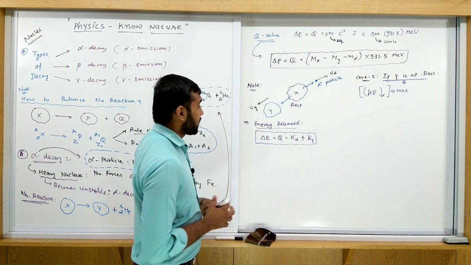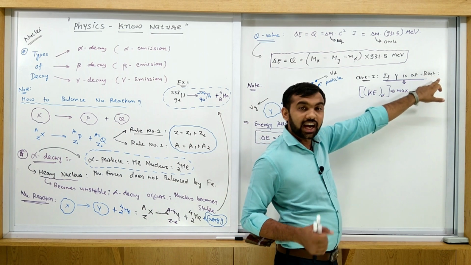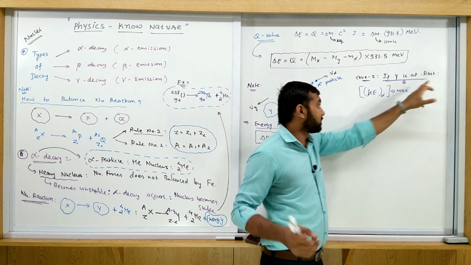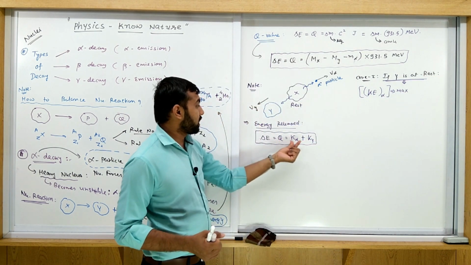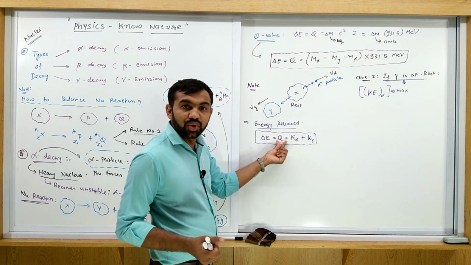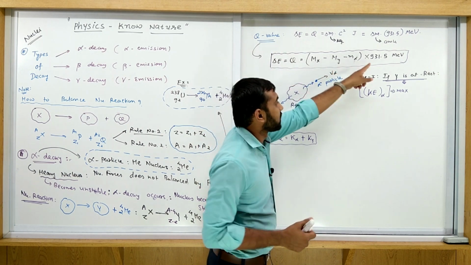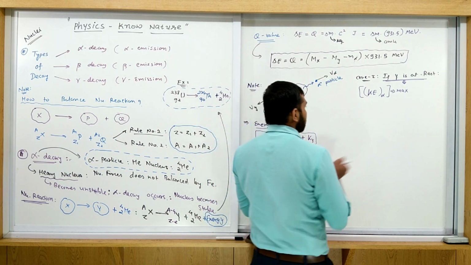So what is case 1? If KY is 0, if Y is at rest after the process, then K alpha is maximum. What is this K alpha maximum? It is equal to the Q value of this reaction.